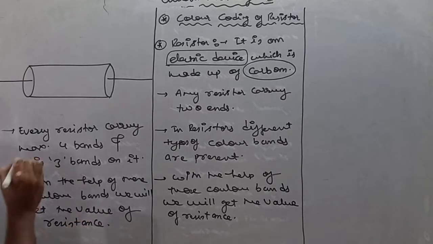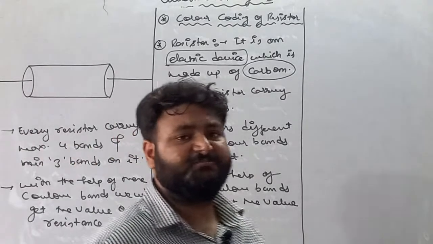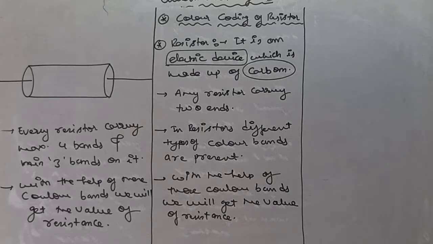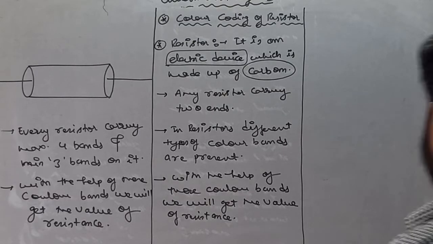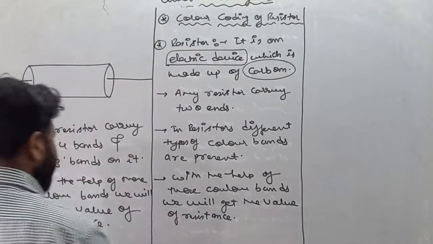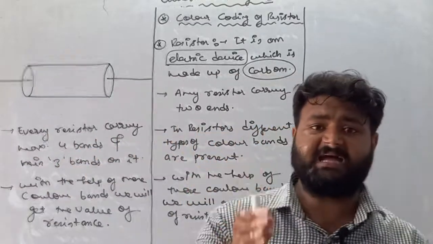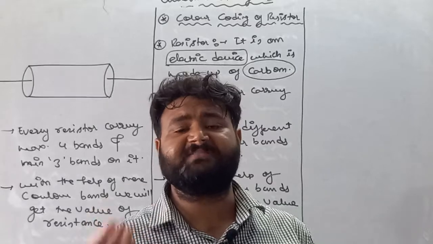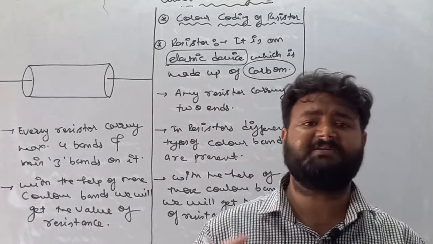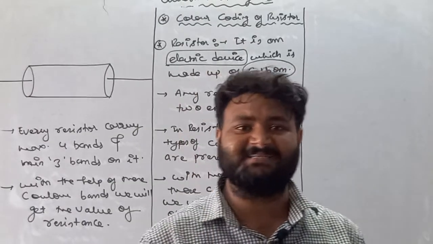So first thing to remember, any resistor carries 4 color bands maximum and 3 color bands minimum. At least 3 color bands are present, at most 4 color bands are present.